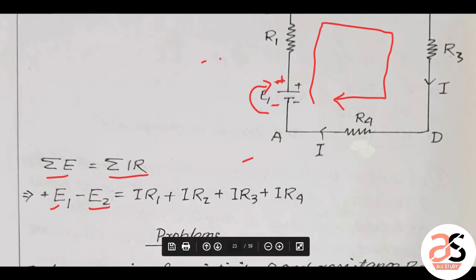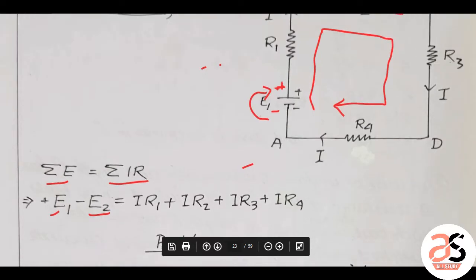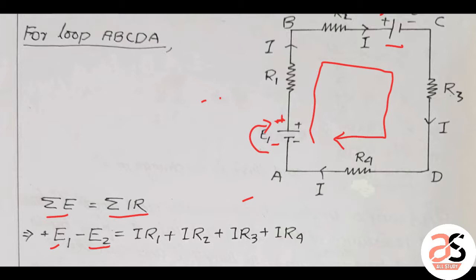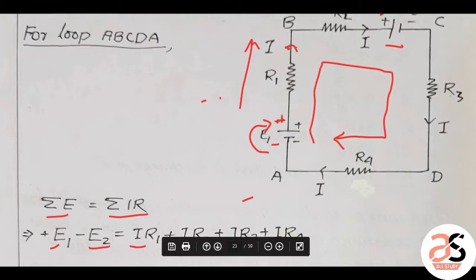Now on the right side, first is I into R1, and we are moving in this direction from A to B. So we are moving in the direction of current. The loop direction and current direction are the same, that's why it is taken as positive.